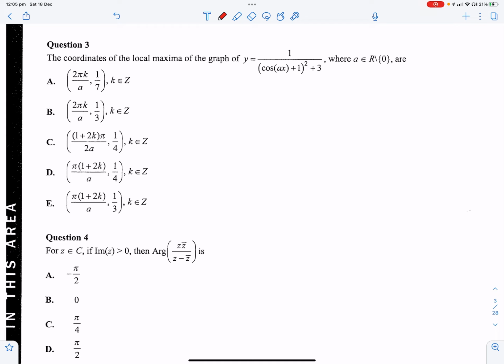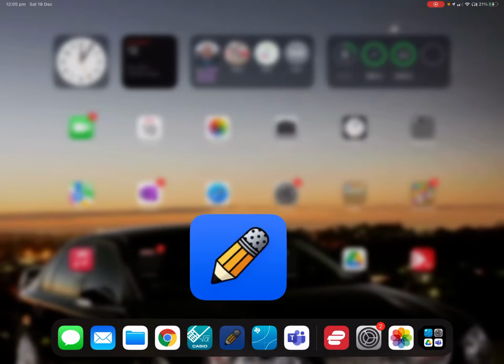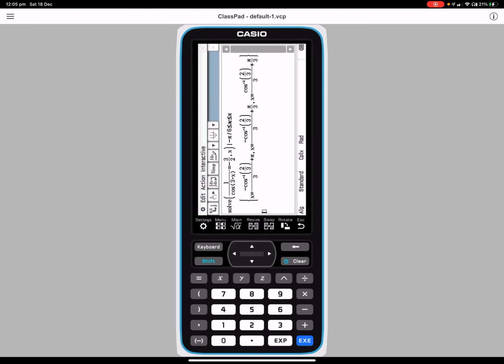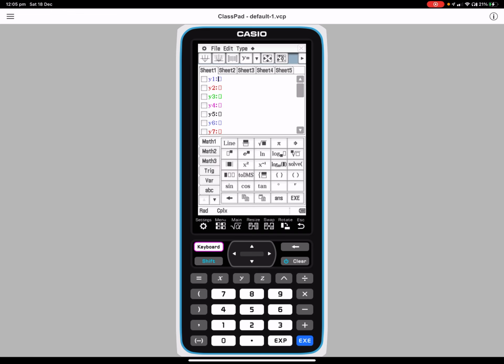Okay, the coordinates of the local maxima of this graph. I guess we can just sketch it. Just use x equals 1. So 1 on cos of x, that didn't work, plus 1 squared, was it plus 3?